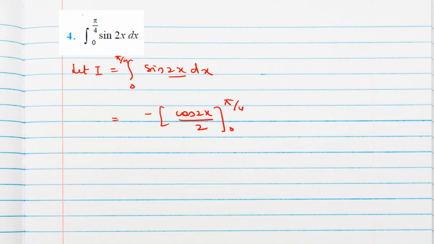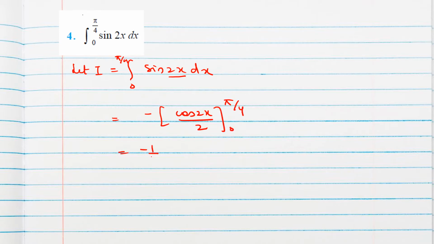Let the given integral be I, from 0 to pi by 4 of sine 2x dx. Here integral of sine 2x is direct, minus cos 2x. But since it is a composite function, we should divide by the derivative of the composite, which is 2. So directly we can write minus cos 2x by 2 between the limits 0 to pi by 4.